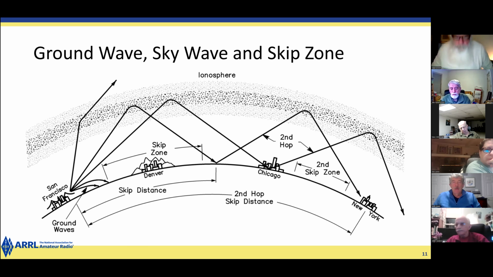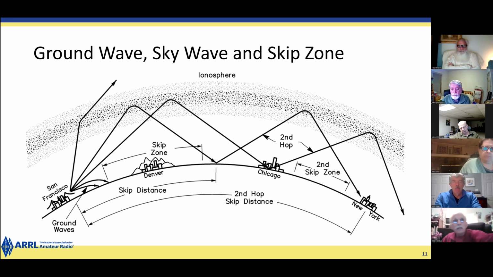I don't think the distances between these cities in the real world are quite so balanced. But what this shows in this illustration is that between the end of ground wave coverage and the beginning of skywave coverage, in other words, the minimum skip distance, is what's called a skip zone.